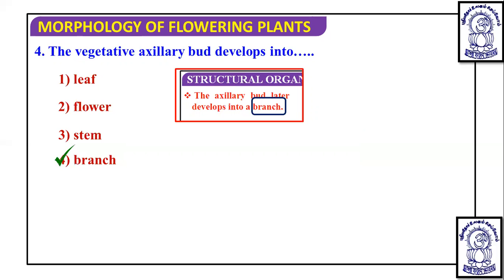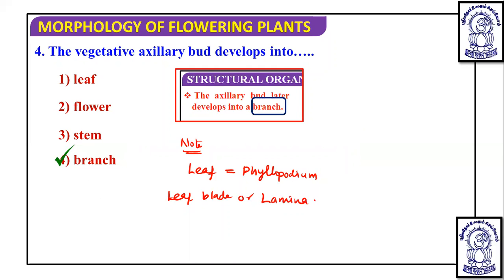Now, after studying this, we should remember some note points here, that the leaf is also known as phyllopodium, and the parts of the leaf which we have discussed, like the leaf blade or lamina, that is epipodium.